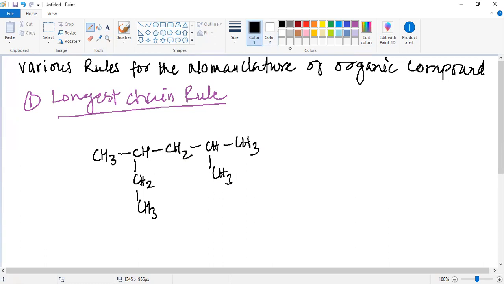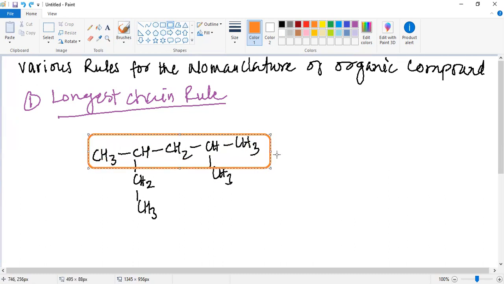If you look into this, my dear students, we can choose this one as one of the chains. Or, if we look into this, we'll realize that we have various numbers of carbons.